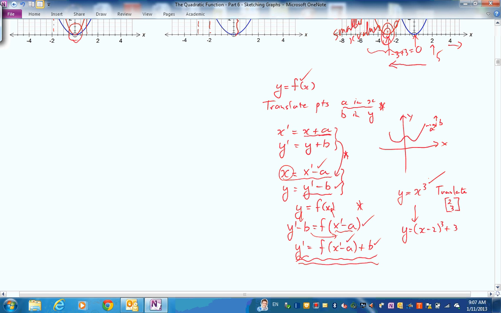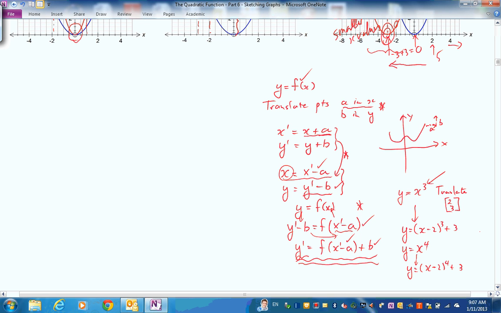Notice, we're not doing this just for quadratics. It could be any f of x function. Let's take perhaps a different one. What's another function that we could do? Well, let's just do another power. x to the 4th will become y equals x take 2 to the 4th plus 3.